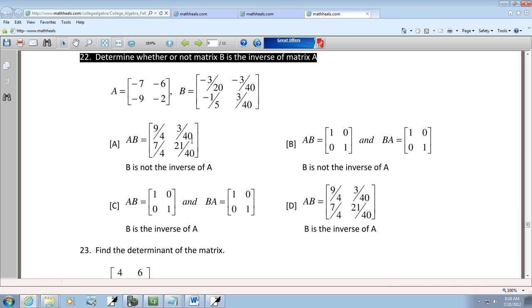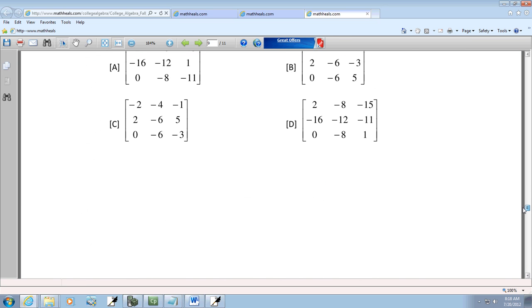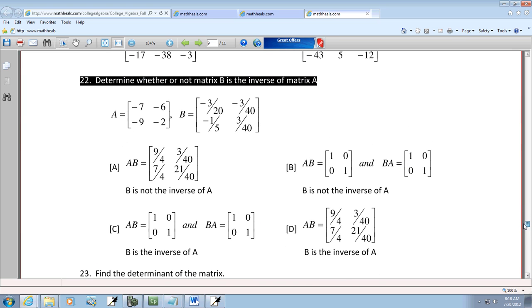Was it A times B, I think? Yeah, A times B. So it looks like the answer is actually A, 22A. Now they don't have B times A, because once you find A times B and it doesn't work, then there's no use for you to even check B times A.